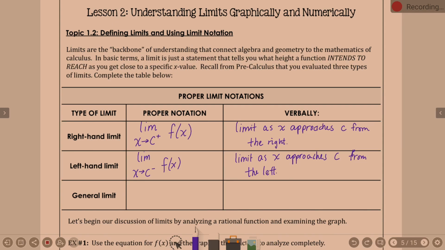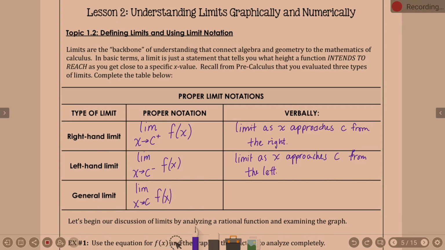So if you put a plus sign after the number, it's saying as we approach from the right. So as the graph is coming from the right, what y value is it approaching? If you put a negative sign, it's saying as the graph approaches from the left, what y value you're approaching. If you don't put anything, and you just say the limit as x approaches c of f of x, that's just your general limit.